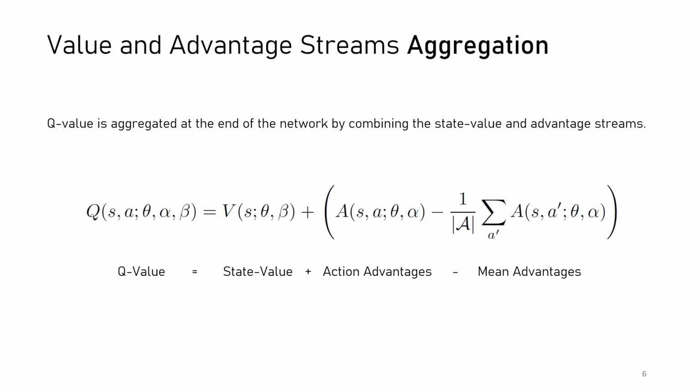Now let's take a look at the aggregation of the value and advantage streams. At first, the advantage values are subtracted by the mean advantage values, which results in a zero mean normalization. Then the state value and the normalized advantage are simply added to estimate the desired Q values.